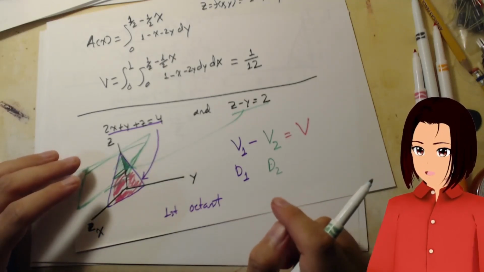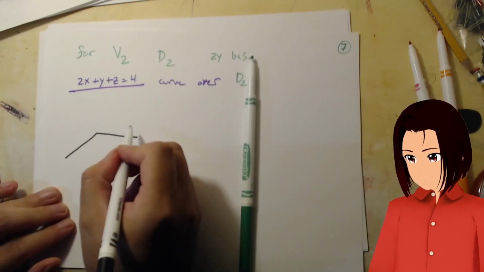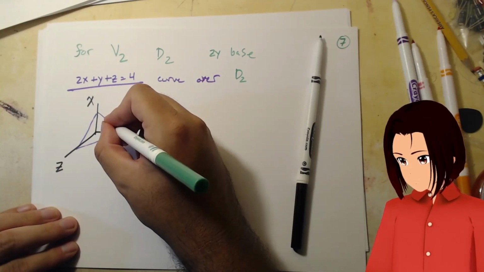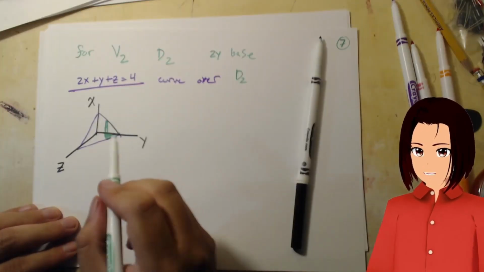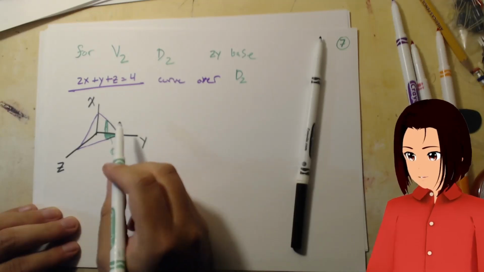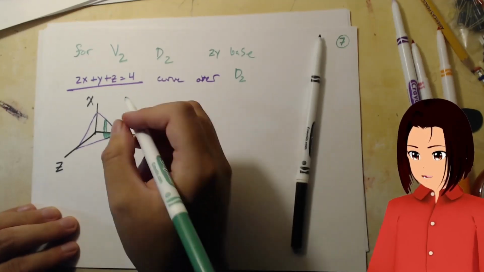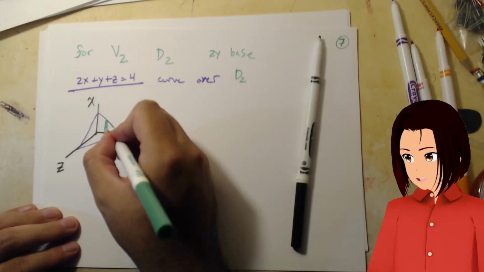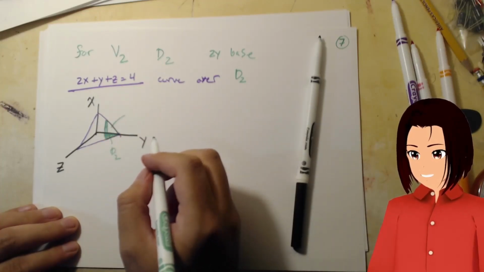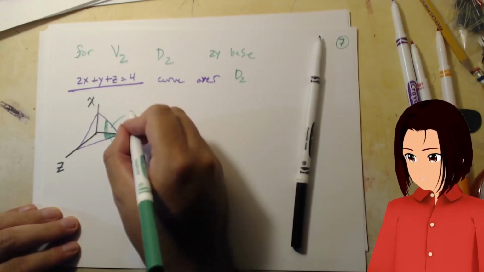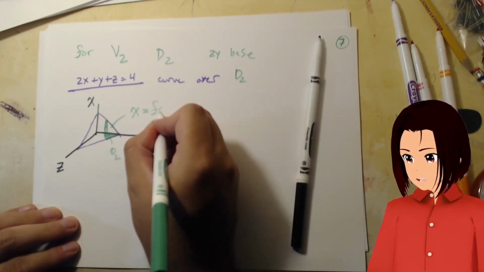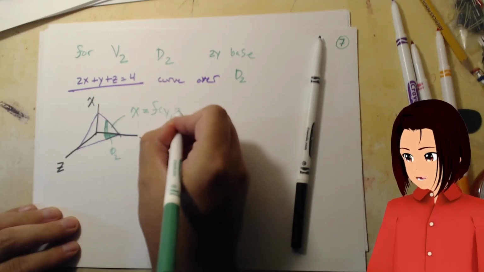So if I were to draw it again, it's kind of like this. The green, this is our D2. And we can say that this plane right here is basically a function of x equal to f of y z.